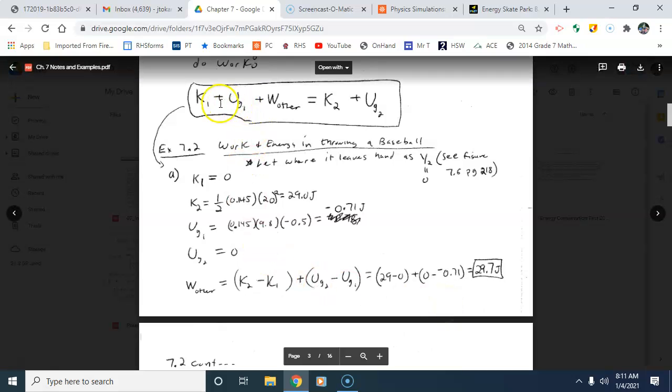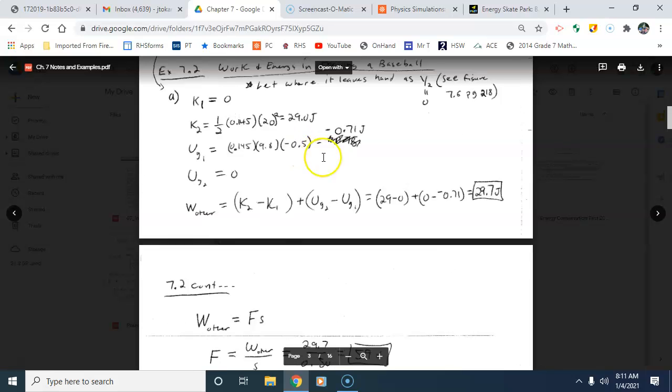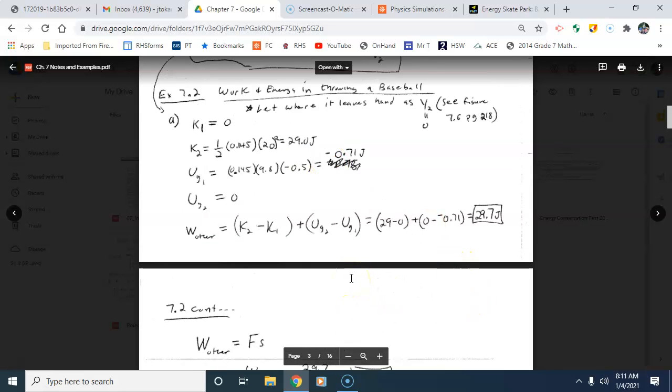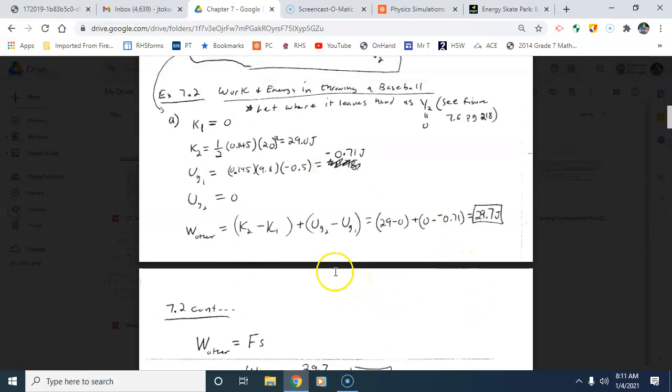law says that the initial kinetic plus the initial gravitational plus work other equals K2 plus UG2. And I want to find the force, right? Well, where is force involved with work, right? So I got to isolate work other, or find work other first, however you want to do it.